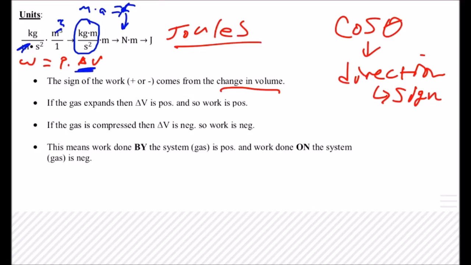All right. If the gas expands, then the change in volume is going to be positive, and so the work is going to be positive. So, for example, if you look at your formula, you have work equals pressure times the change in volume. And this work formula assumes that the pressure stays constant the whole time.